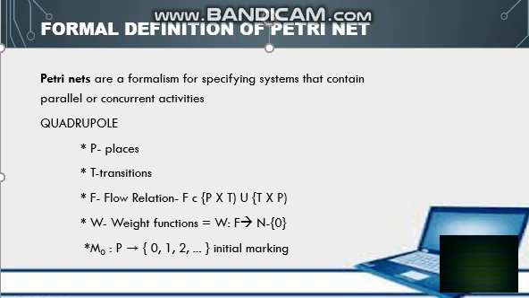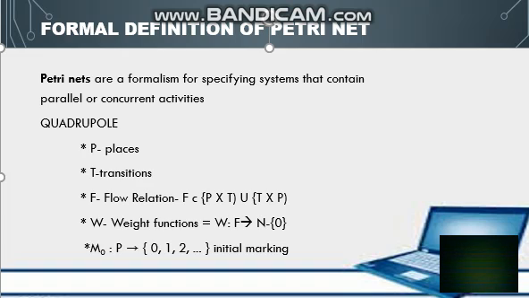So we have here the quadruple, which we call P, T, F, W, M, where P represents the places, T the transitions, F the flow relation, W the weight function, and M the initial marking.